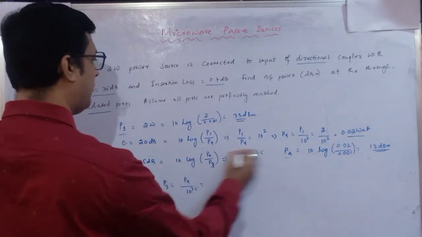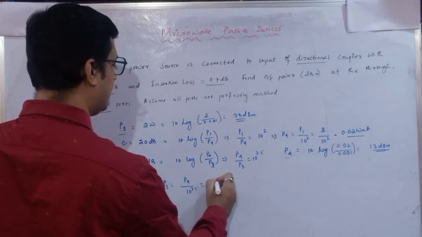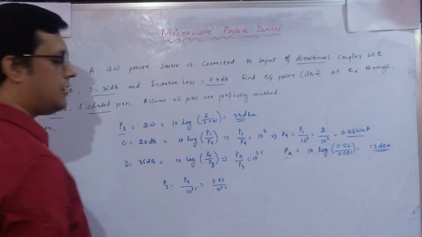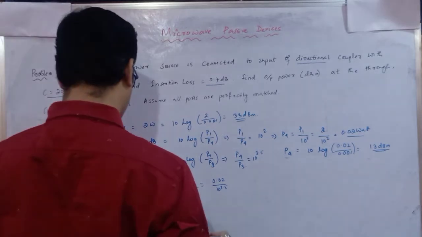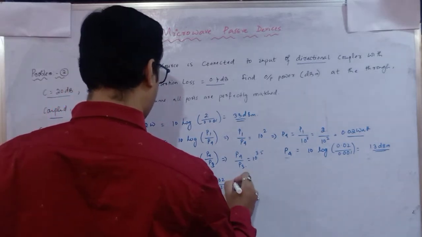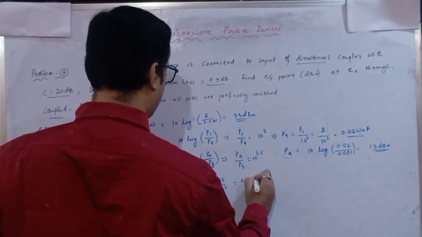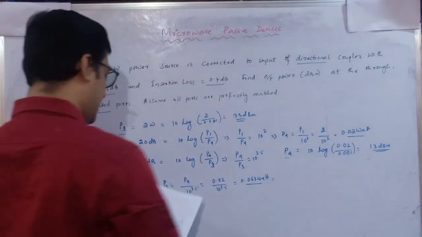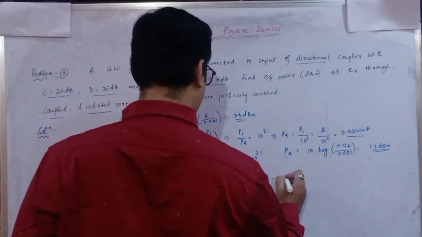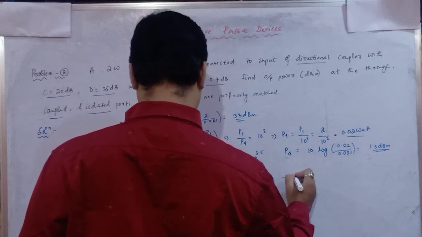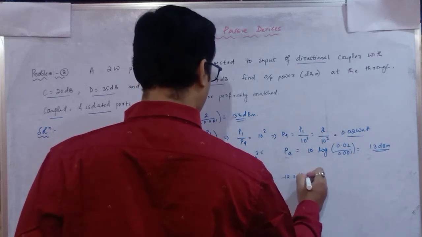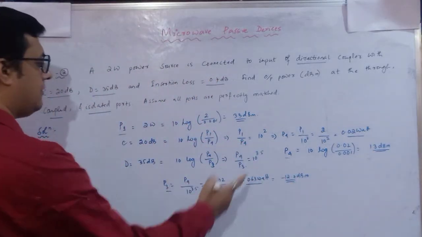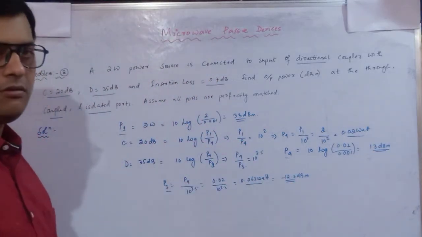P4 we have already determined, that is 0.02 divided by 10 to the power 3.5. You calculate it, you will get P3 around 0.063 watt, and converting into dB, you will get around minus 12.0 dBm. So P4 is 13 dBm and P3 is minus 12.0 dBm.